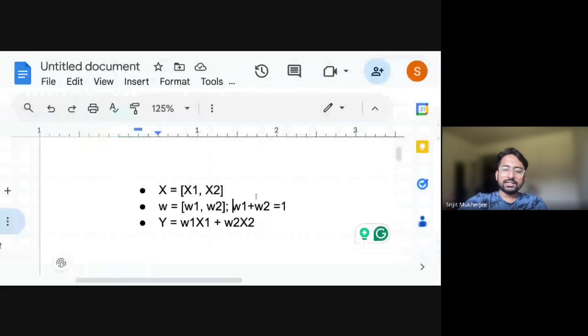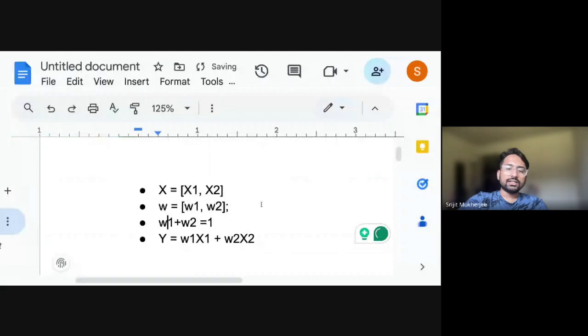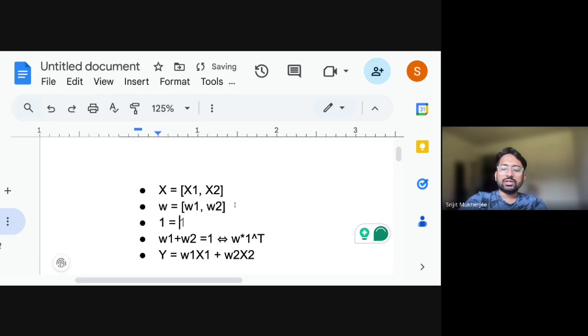So you can write this equivalent equation as W times 1 transpose, where 1 is a vector like this.